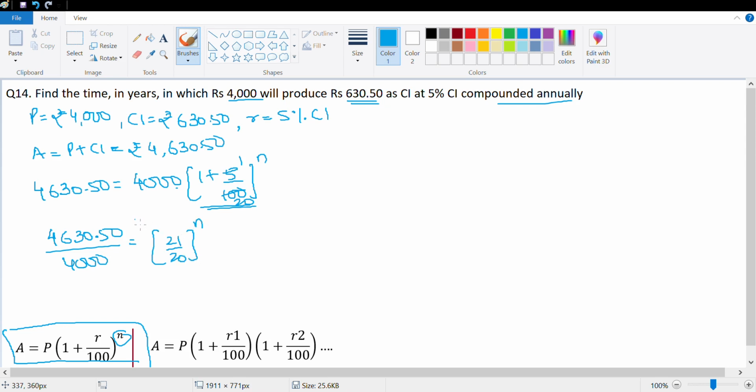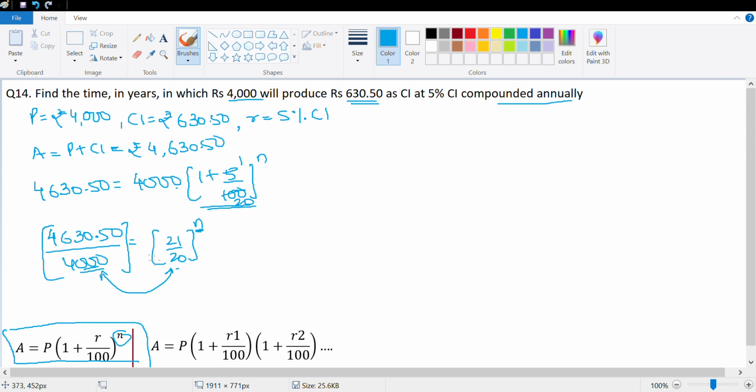Like the way the logic was, your left hand side should be a perfect square or cube. Well, that was when we were trying to figure out what R was. This time I need to find the power, which means the base has to be equal. So I have to make the base equal, which means 4,000 is equal to 20 raised to the power something.